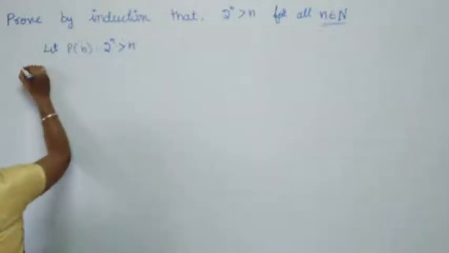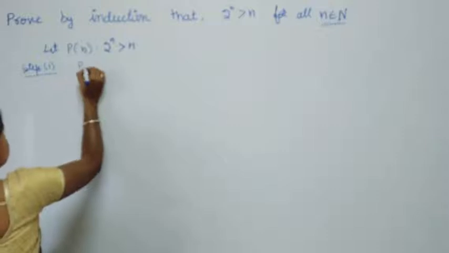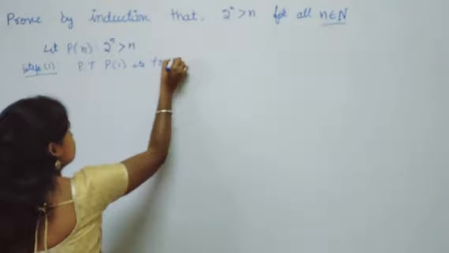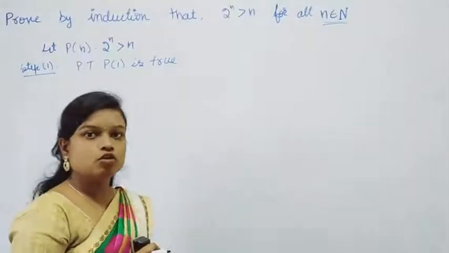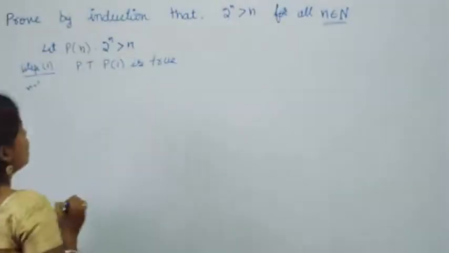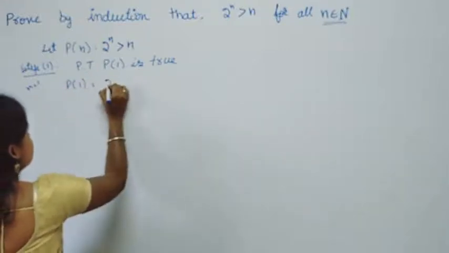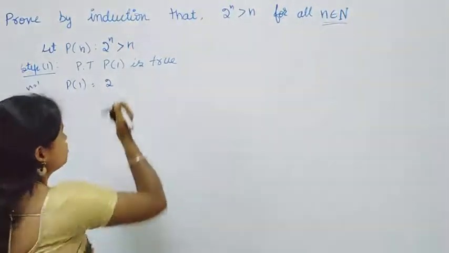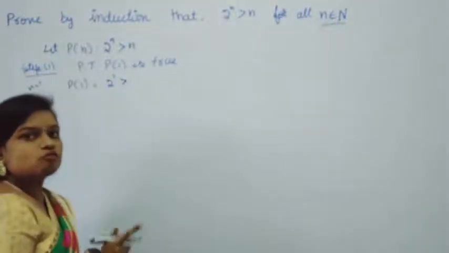So what is step 1? Step 1 is: prove that P of 1 is true. So that means when n is equal to 1, P of 1 becomes 2 power n, when n is equal to 1, so it becomes 2 power 1, which is greater than n, which means 1.